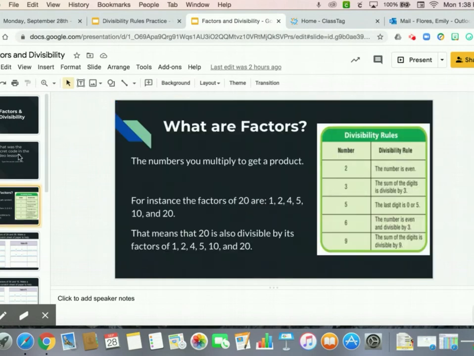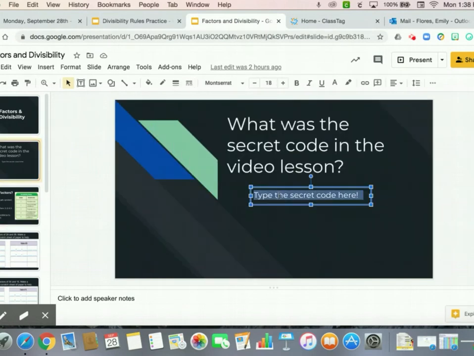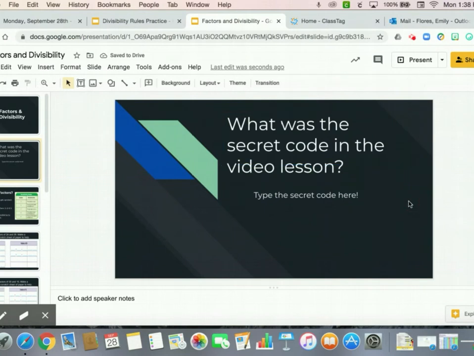So you're going to type ghosts right there, right? That is what you're going to do anytime you see secret code for the video lesson. And your code is going to change every single day. So today's was ghosts.